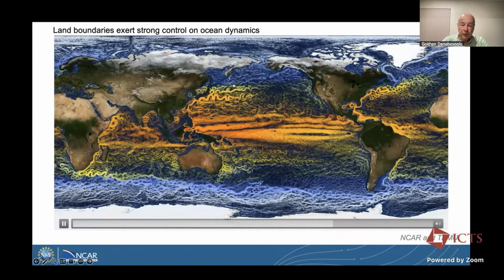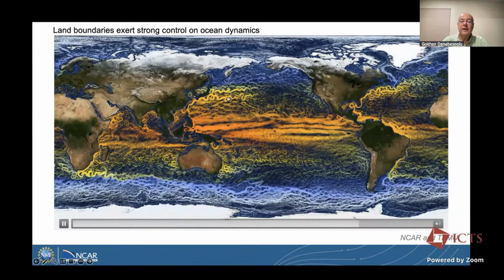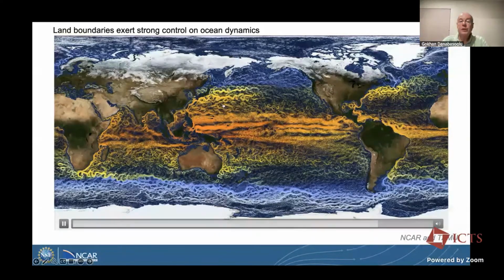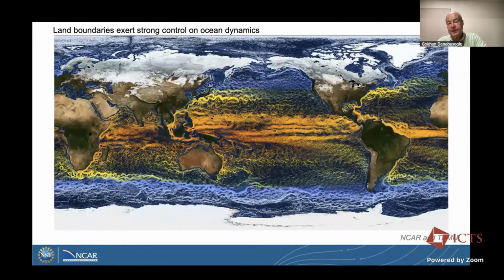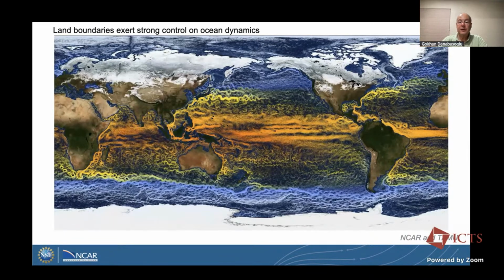The point that I wanted to make here is that you can see again that there are so many small scale eddy features. Some of them, with length scales of order 100 kilometers or so, we tend to call mesoscale eddies. For eddies with length scales of order 10 kilometers or less, we tend to call them submesoscale eddies.